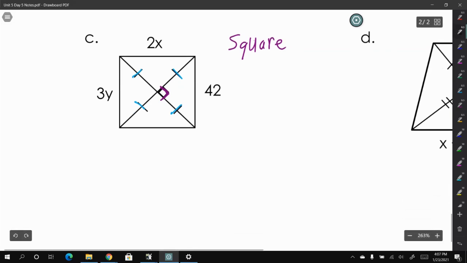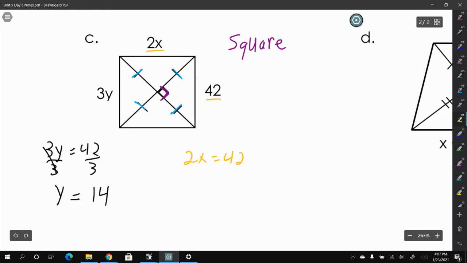So 3y is equal to 42. Divide both sides by 3. Y is equal to 14. And 2x is also equal to 42. And divide both sides by 2. X is equal to 21.